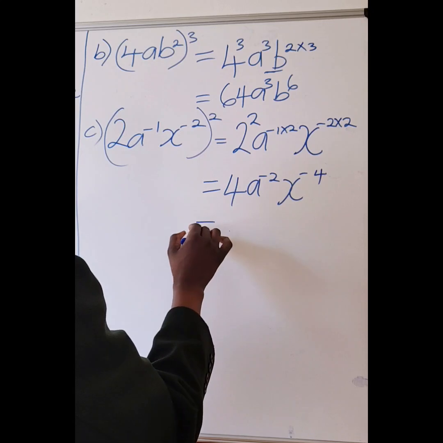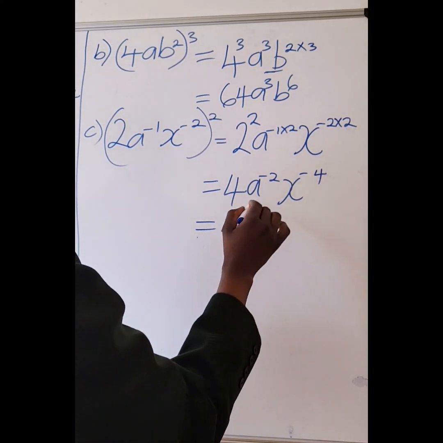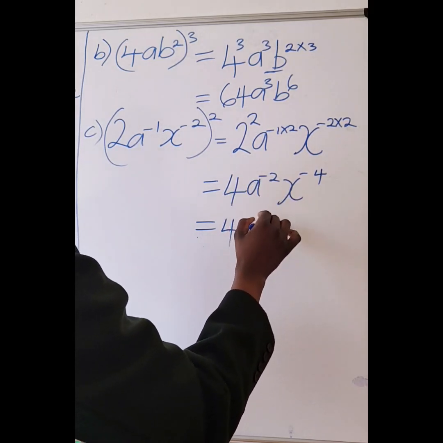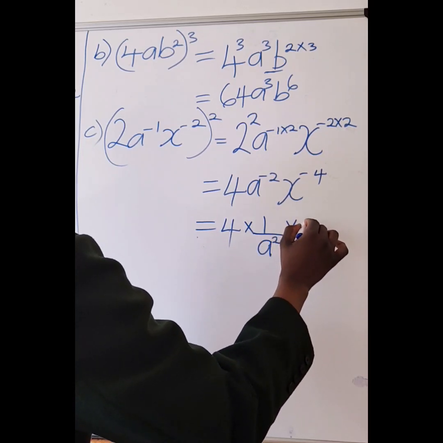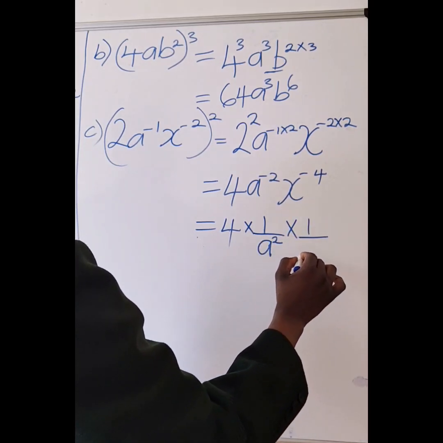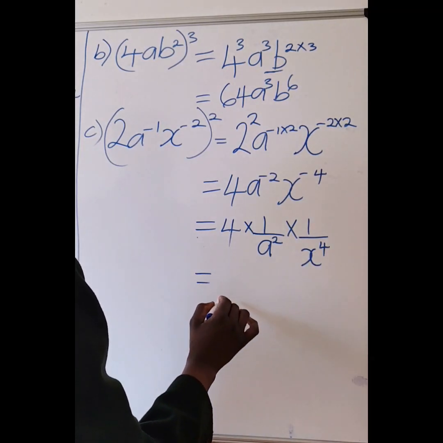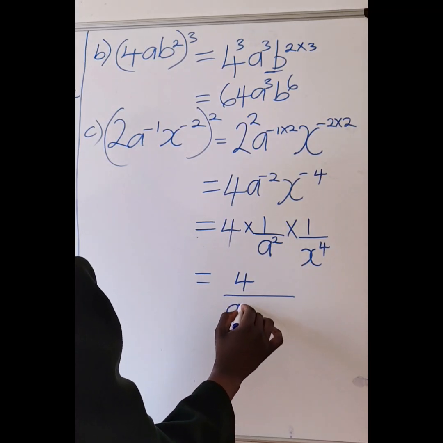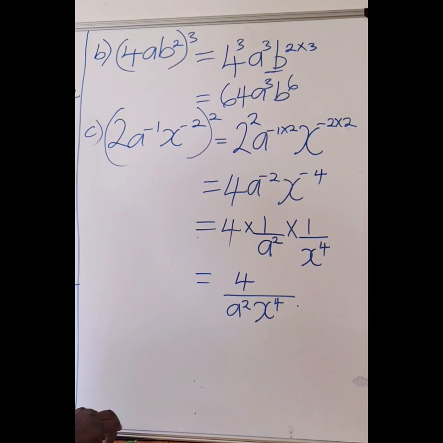So now we want to apply the negative power rule, which will make a raised to power minus 2 to be 1 over a raised to power 2, and x raised to power minus 4 will be x raised to power 4. And so we have 4 over a raised to power 2, x raised to power 4. That is all about the third one.